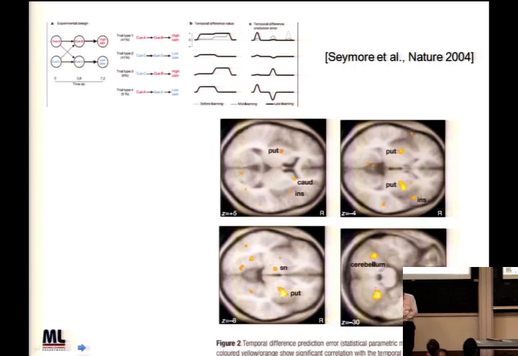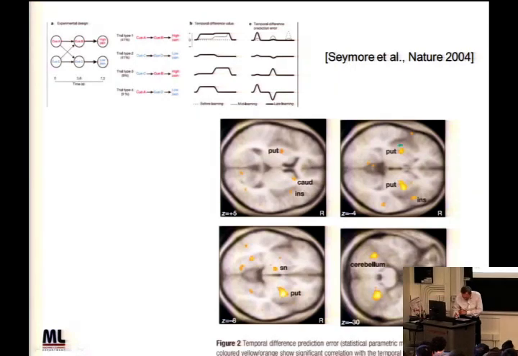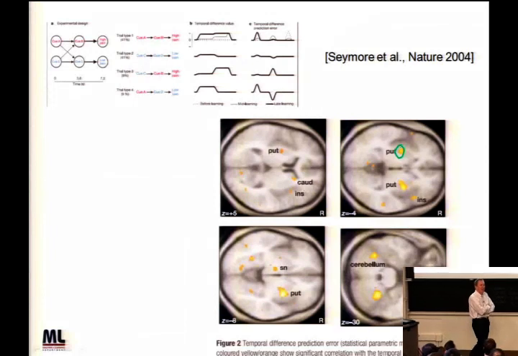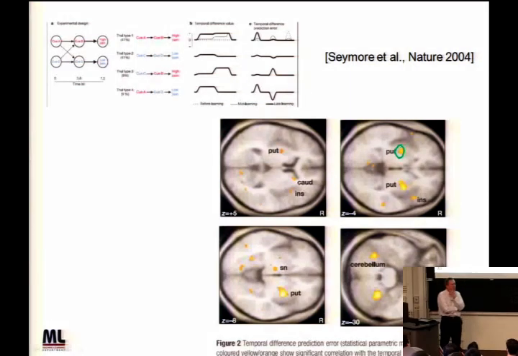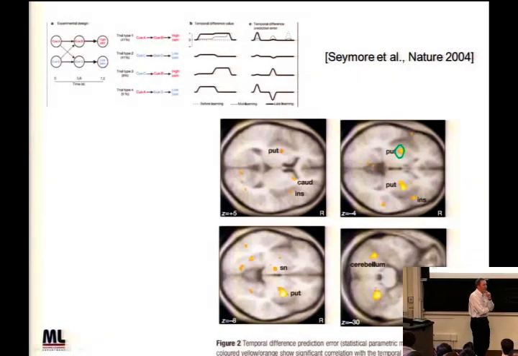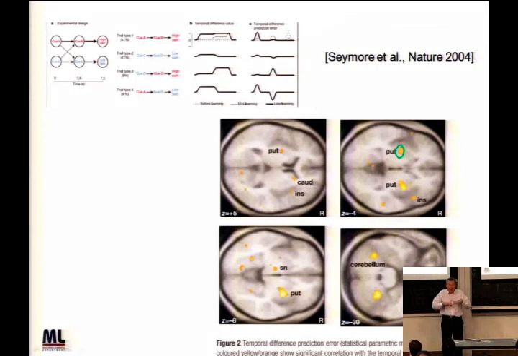We won't go into brain anatomy here, but as you can see, there are these interesting locations where the brain activity correlates with that error signal that our reinforcement learning algorithm gets. And so here's some evidence that this kind of learning about future rewards, in this case in a passive way.